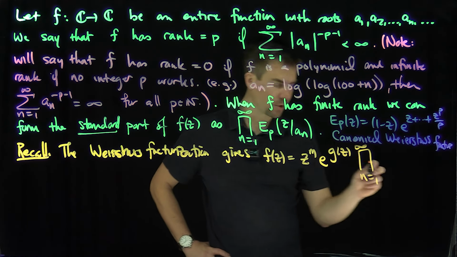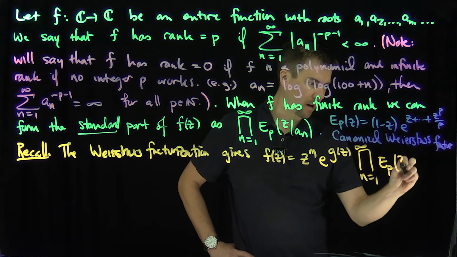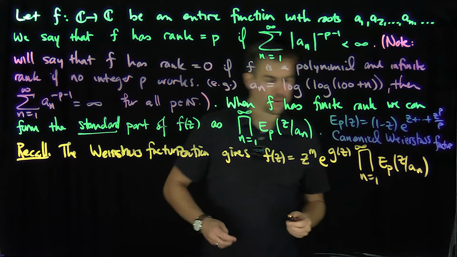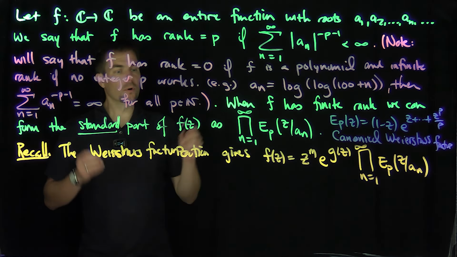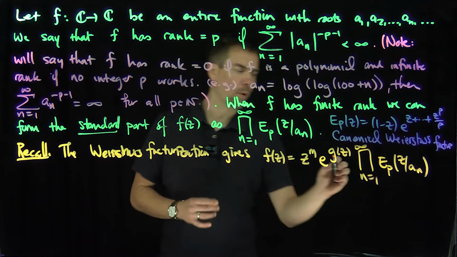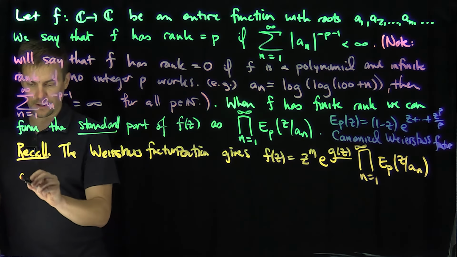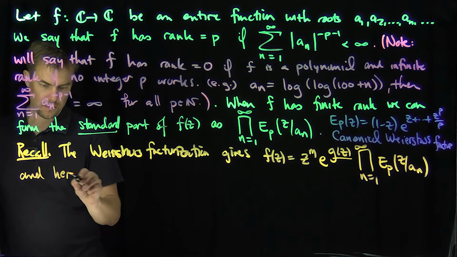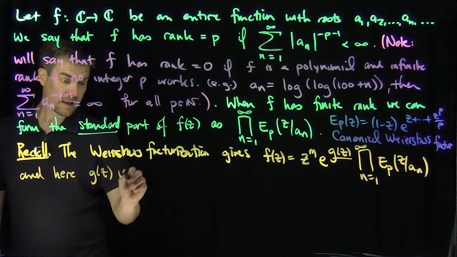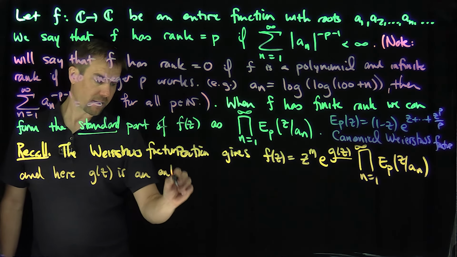By this assumption, this is going to be E_p of z over an, the standard part. And Weierstrass tells you that g of z is an entire function.